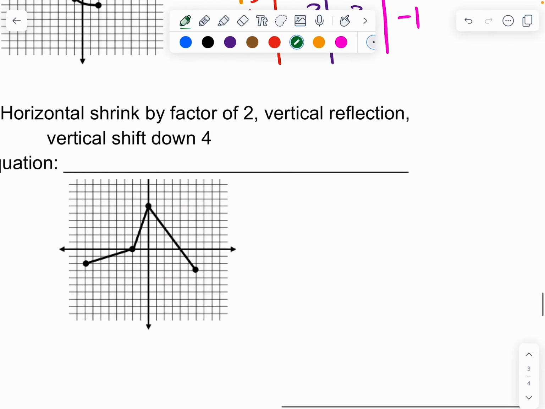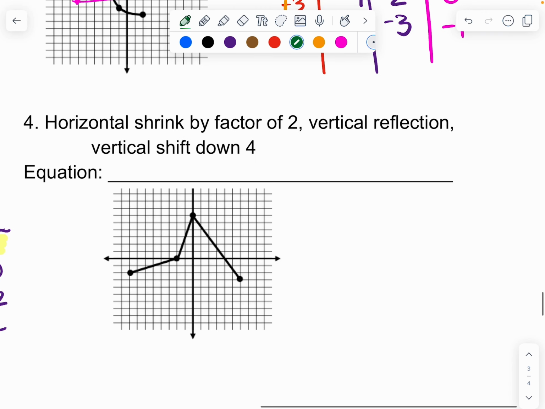And last but certainly not least, again, the f and the x are the normal things. Okay, so the horizontal shrink by a factor of 2. A vertical reflection. And a vertical shift down.